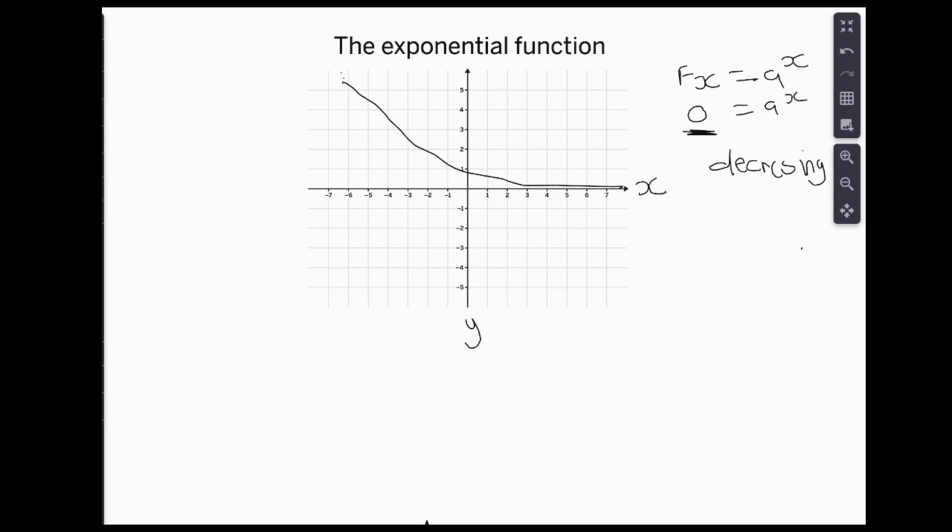Because we know that a will be greater than 0, but a will also be less than 1. You see that? So this means that this graph is decreasing.